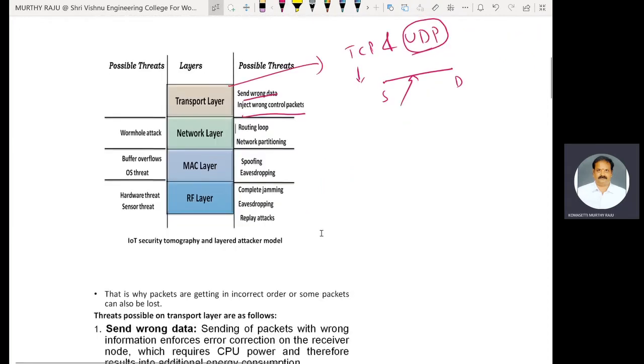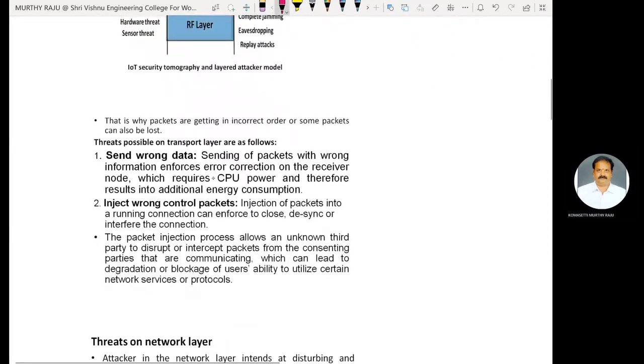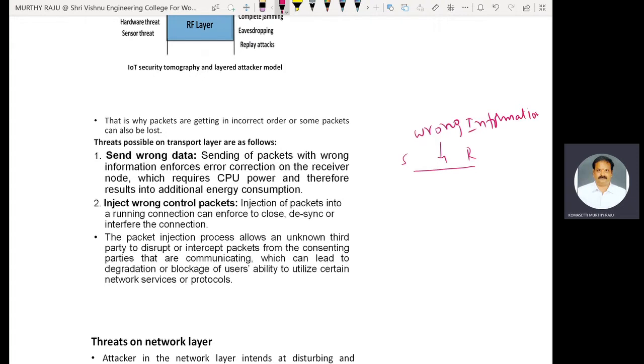Now we will see this. Send wrong data. Sending packets with wrong information enforces error correction on the receiver node. This is the source node and this is the receiver node. Packets with wrong information are sent from the source node to the receiver node.